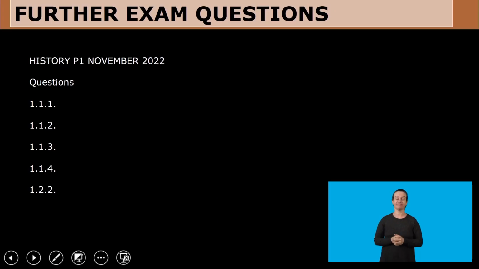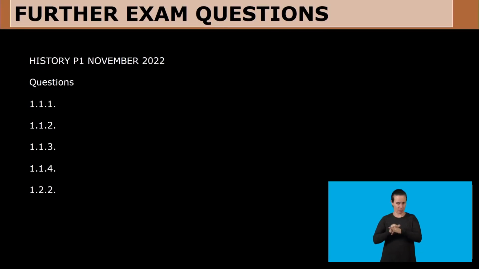And just as a bonus, I've given you further exam questions that you can use in your own time at home to practice all the skills that I've shown you today, and you can look at those from paper 1, November 2022, and there are different questions that were specifically chosen for you, targeting different skills.